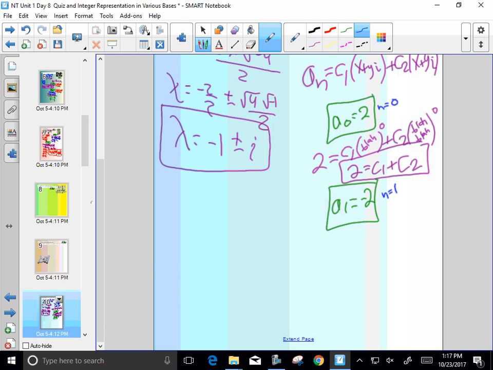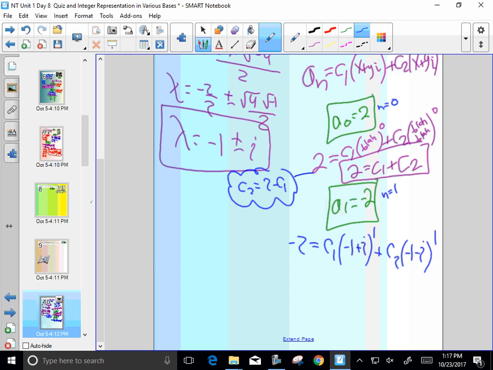For this next one, we're going to have negative 2 is equal to C1 times (negative 1 plus i) to the first plus C2 times (negative 1 minus i) to the first. And don't forget that C2 is 2 minus C1, right? Don't forget that. It comes from here.